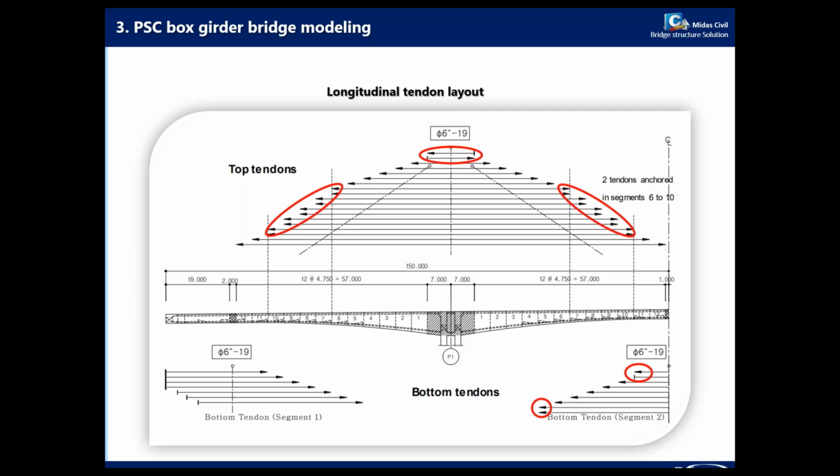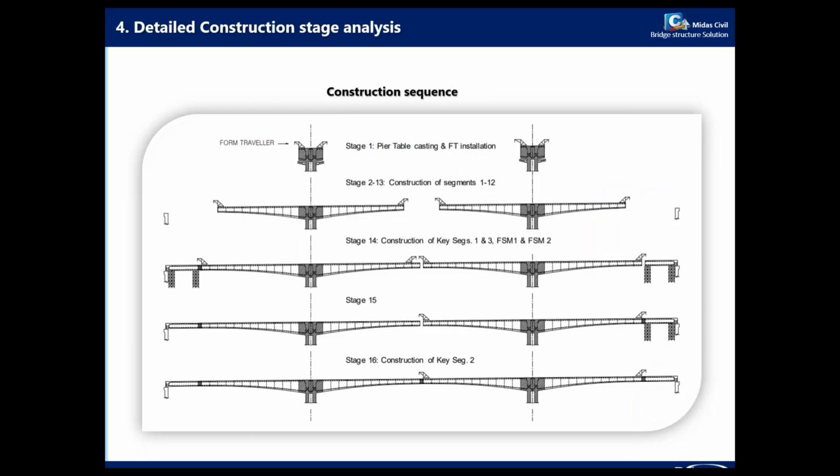The next point is about the layout of the tendon, how the tendon were pre-stressed. We have the top tendon and the bottom tendon. I'm going to go a little bit faster so we can go and use the software. And these are the sequences of the construction.